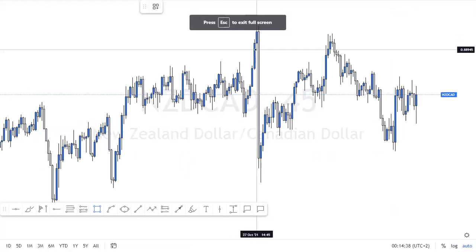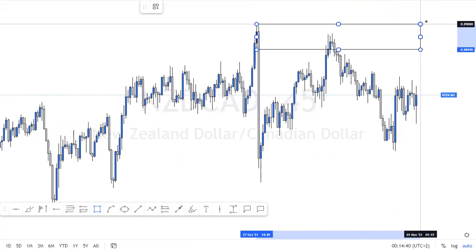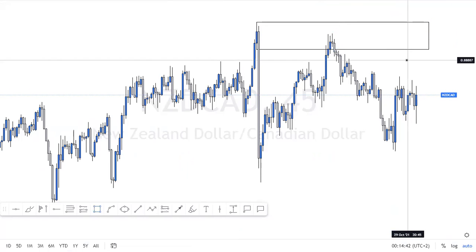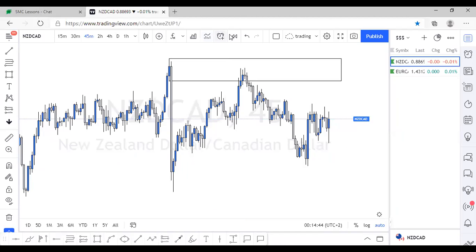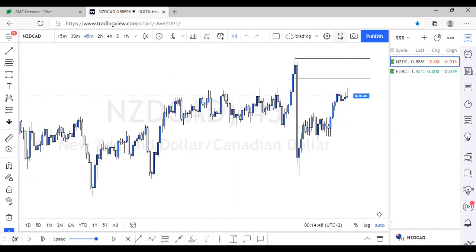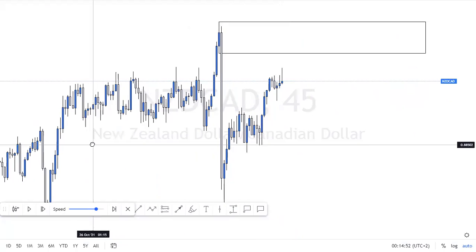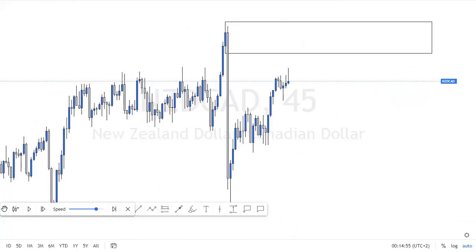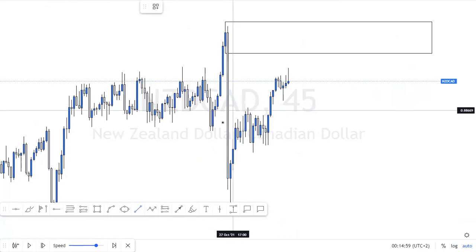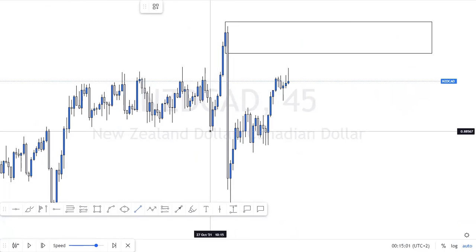On the 45 minutes we have this order block. Let me try to replay. So this order block, this kind of setup, let's just say proof of structure.